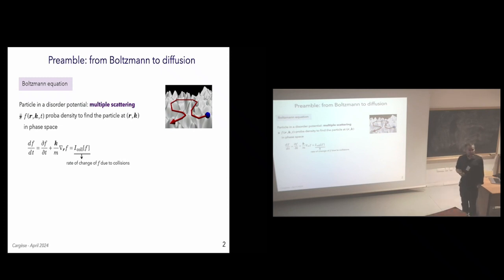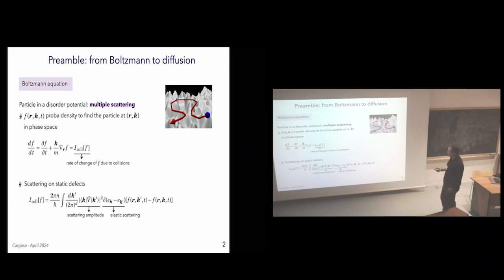So what are these collisions? Well, it's just scattering events on the disorder potential. The collision integral for this specific problem takes the following form, which looks like a Fermi golden rule. You have a matrix element here, which gives you the probability for a particle with the momentum k to be scattered in another direction, k prime, on the disorder.